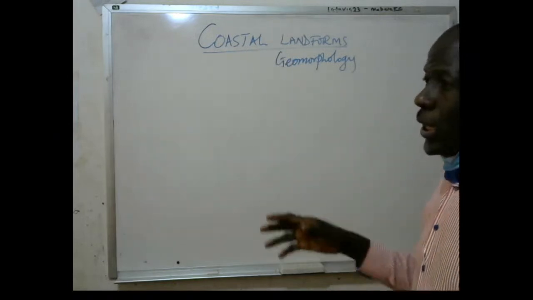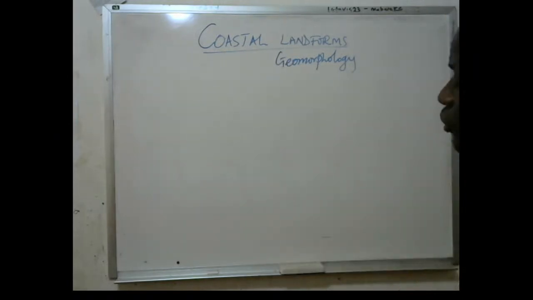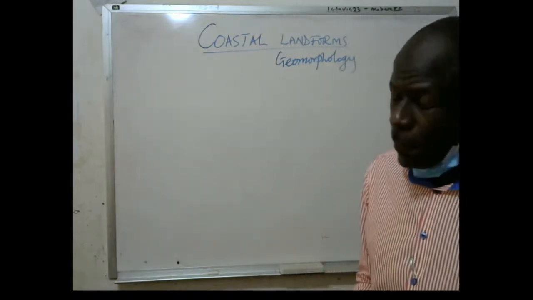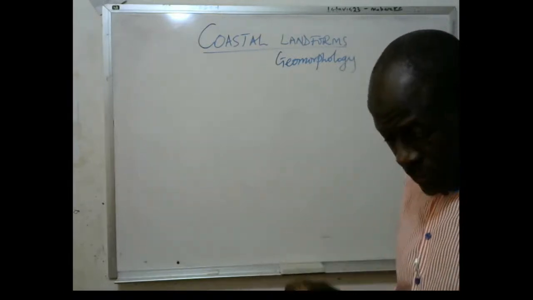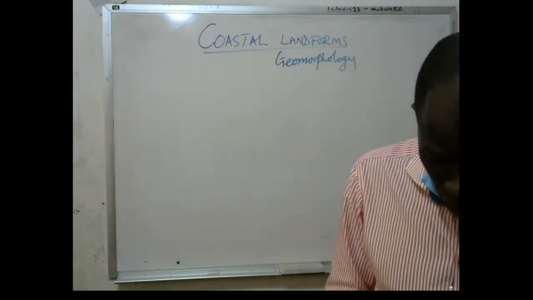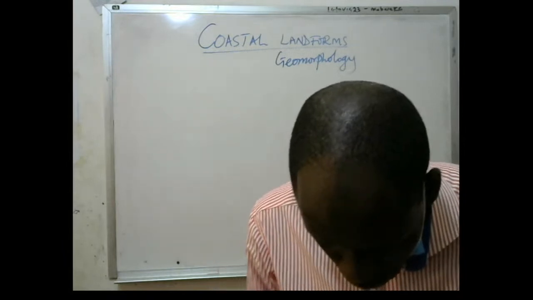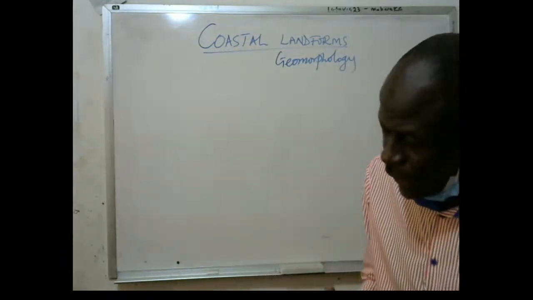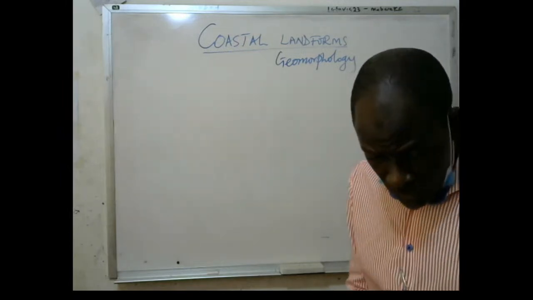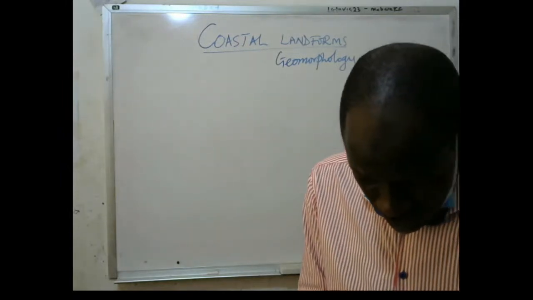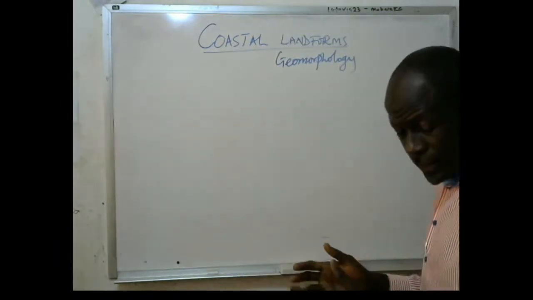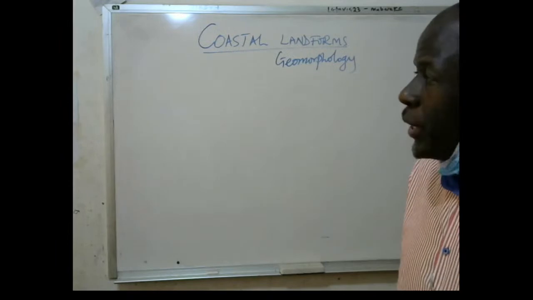But I want to bring it out as coastal landforms basically, because our focus will be these landforms that exist along a coast. Now, before we go any further, we need to know what a coast is. A coast is a piece of land, or it refers to land that borders a water body.